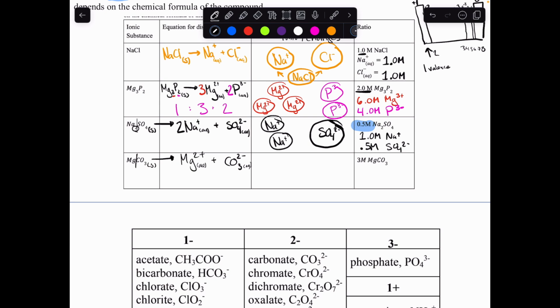This example is for every 1, we get 1 and 1. So our molarity over here, if it's 3 molar, then you'd still have 3 molar for Mg and 3 molar for our CO3 2-. And then our picture is just 1 to 1.